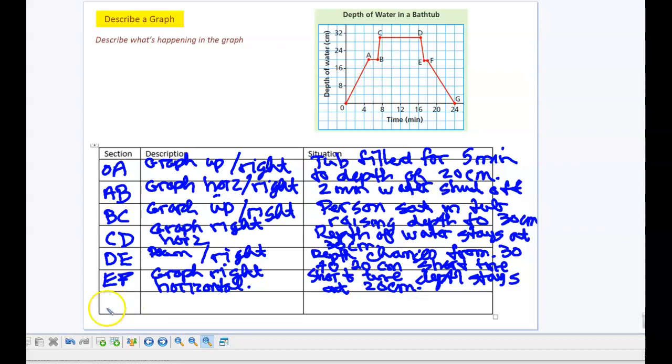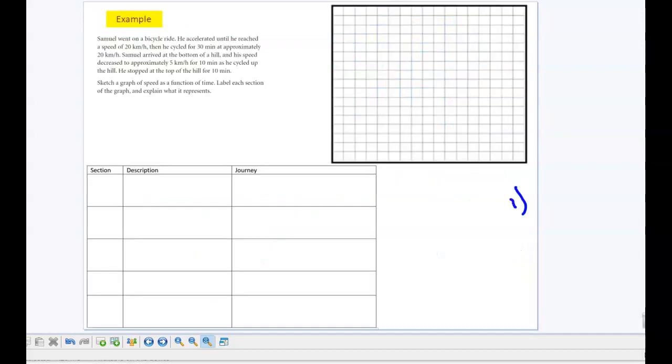And then segment F to G, the graph is right and down. And the tub drains from time 18 to 24. So the tub drains in 6 minutes.